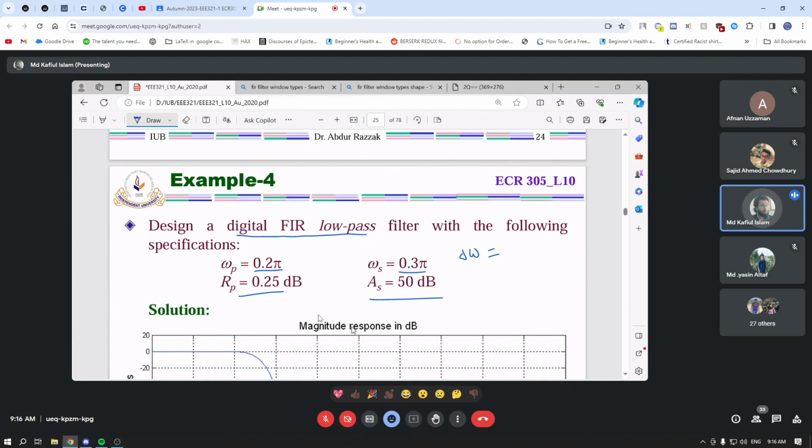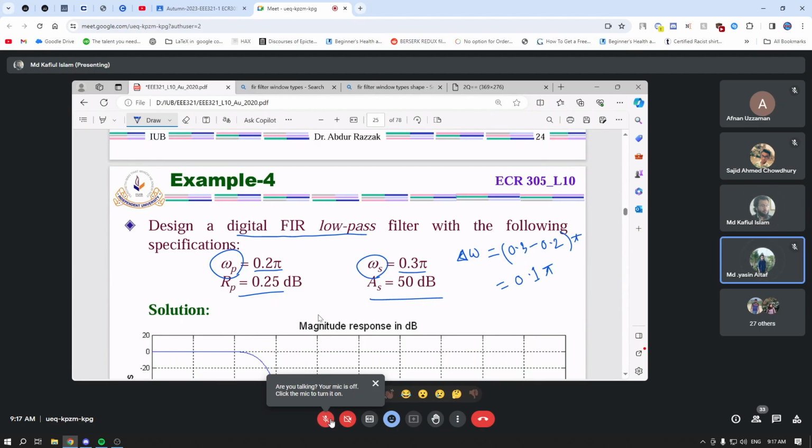It is basically omega S minus omega P, right? 0.1 pi. So this delta omega is 0.1 pi. Is it an absolute specification or relative specification?